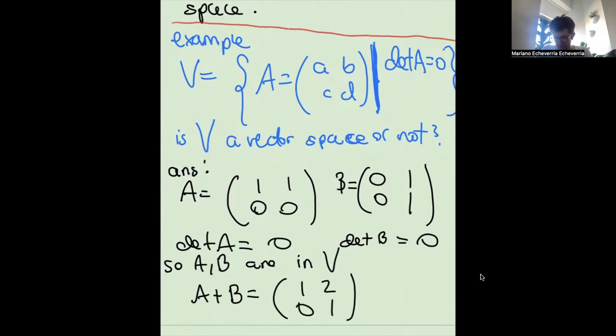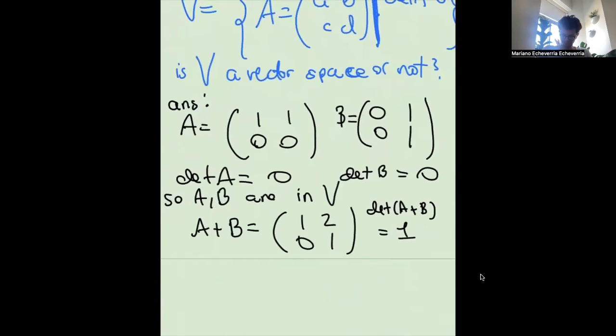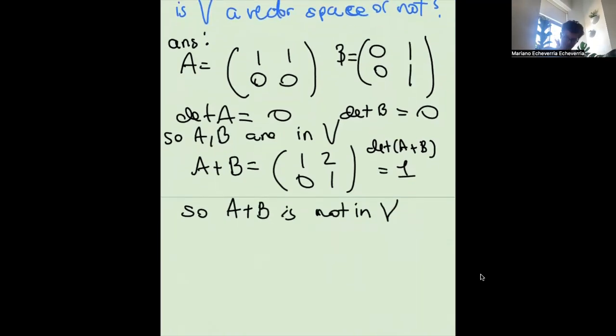That's A plus B, correct? And what's the determinant of A plus B? That's determinant one, right? So it's no longer in V. So this set doesn't have the sum property. Since the sum property fails, this is not a vector space.